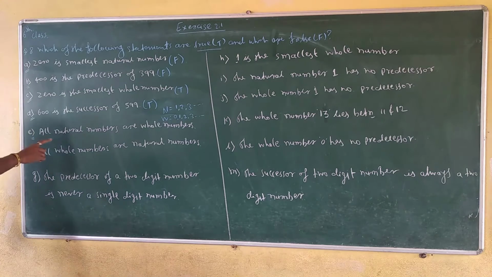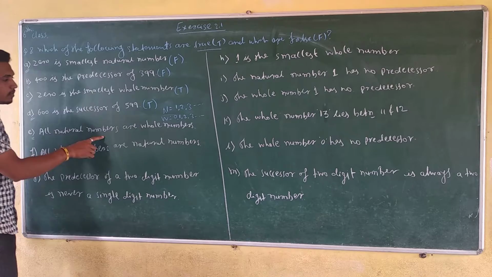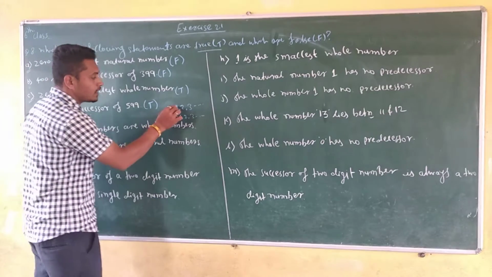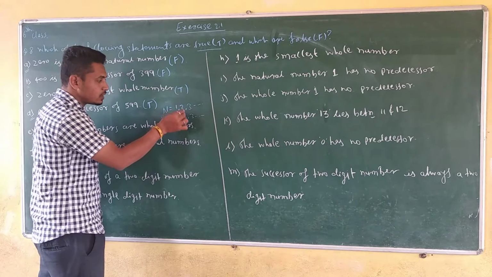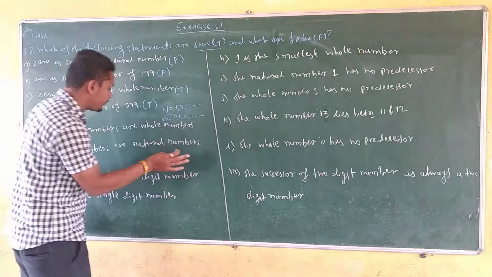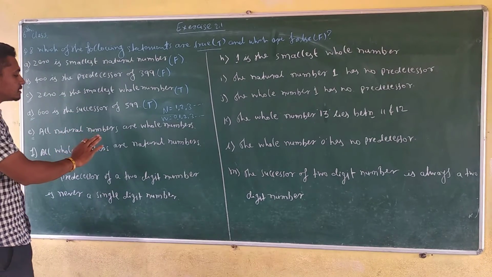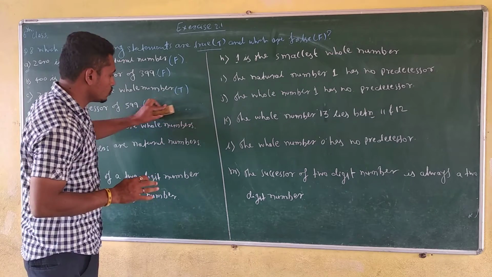So here, all natural numbers are whole numbers. 1 is a natural number, it is also a whole number. 2 is also a whole number. 3 is also a whole number. Therefore, all natural numbers are whole numbers. This statement is true.